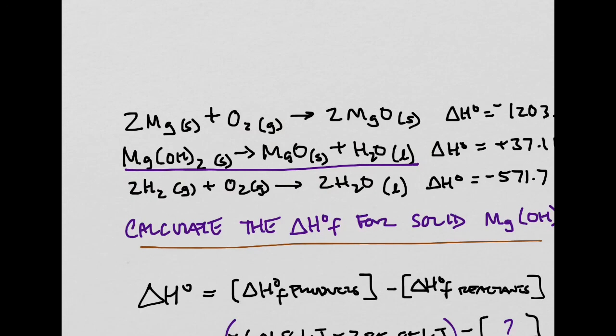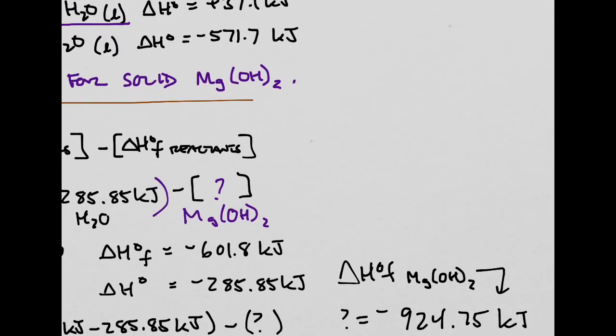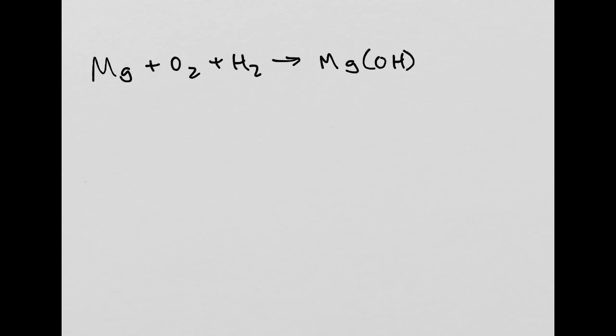The reaction for the formation of MgOH2, in fact, is this, which is very different. It's Mg plus O2 plus H2 gas leads to the formation of MgOH2. And that's the proper enthalpy of formation for this compound.